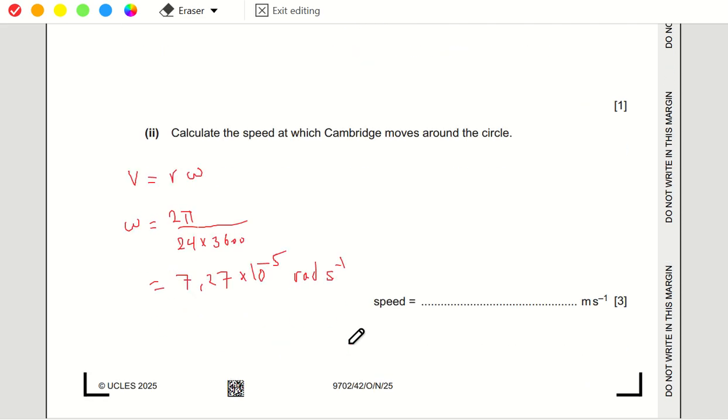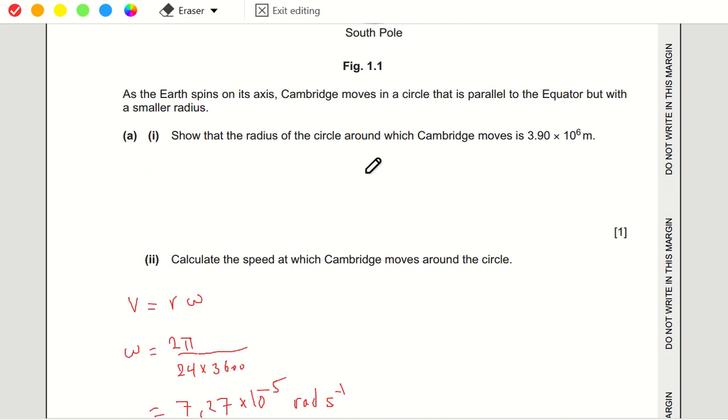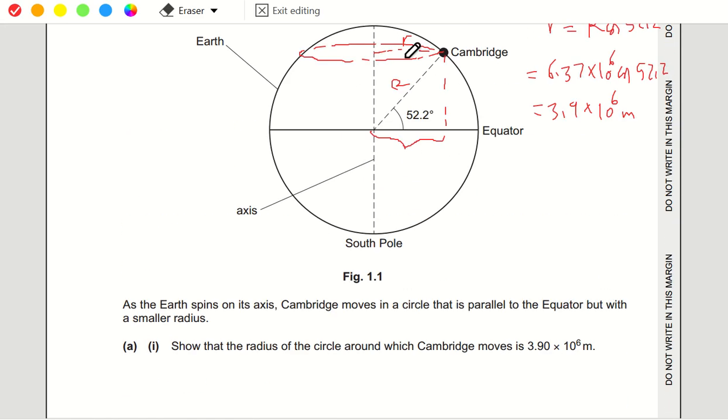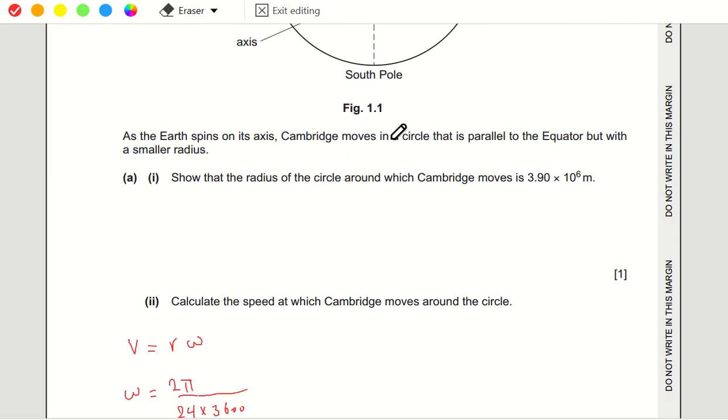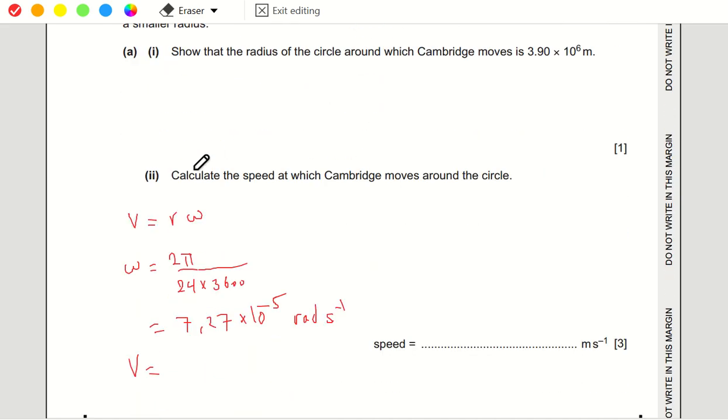After that, we will multiply by the radius, and certainly the radius here would be the radius of the circular path, not the radius of the Earth. Okay? Because we are talking about speed of Cambridge.